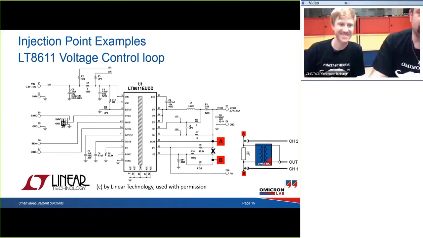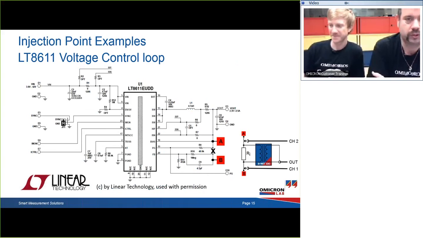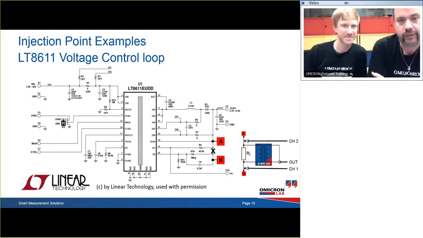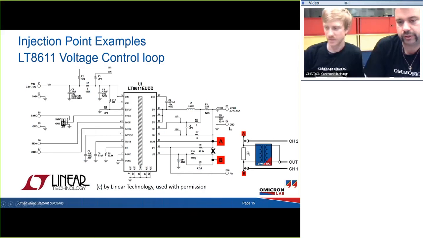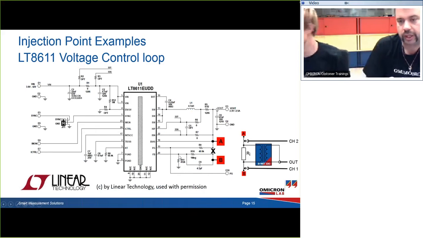Yeah, of course. Okay, so here are some examples for choosing the right injection point. Here we have a device that has a voltage control loop and a current control loop. We can see the voltage control loop here by identifying the feedback divider that is connected directly to the output voltage.